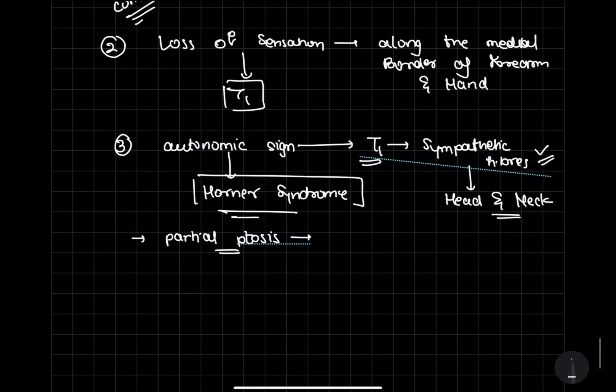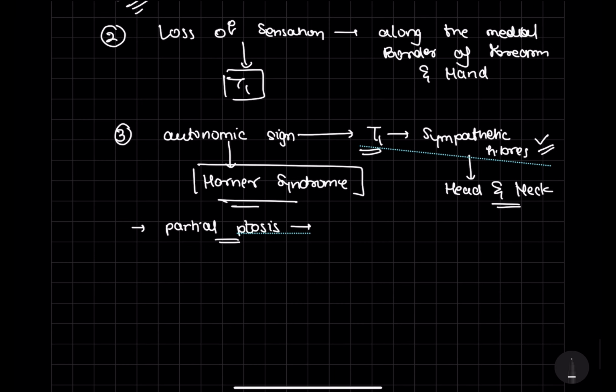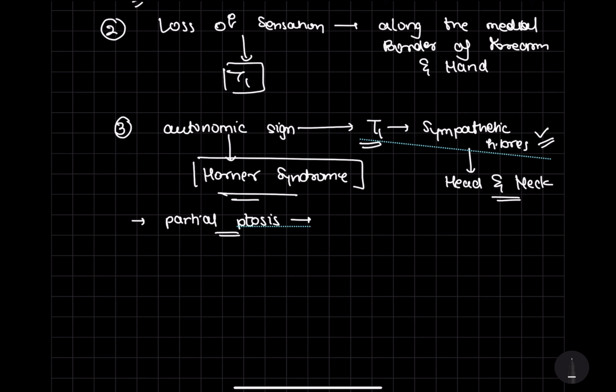Even this question, Horner syndrome, is like a one credit question. If you are close to getting 70 marks, then the professor might ask you this question to give you 75 marks. I would not say this is one of the IMPs, but this might earn you some extra credits. What is the meaning of ptosis? That is drooping of eyelid.